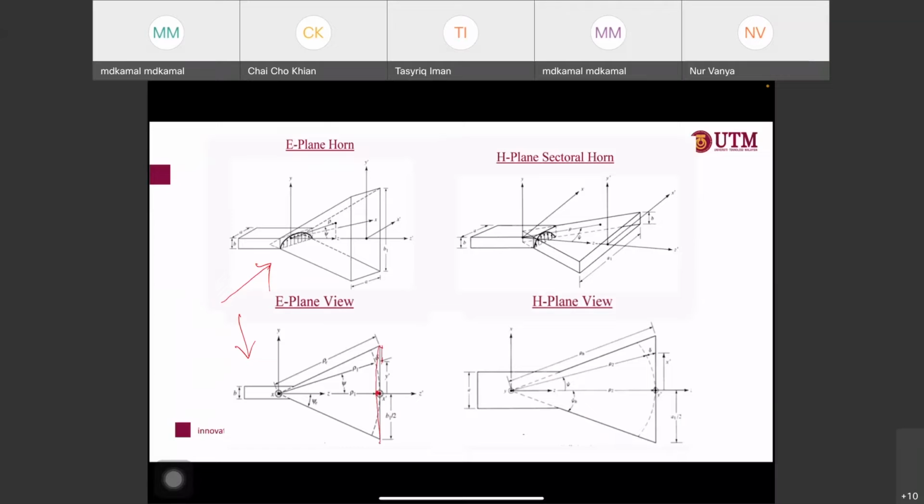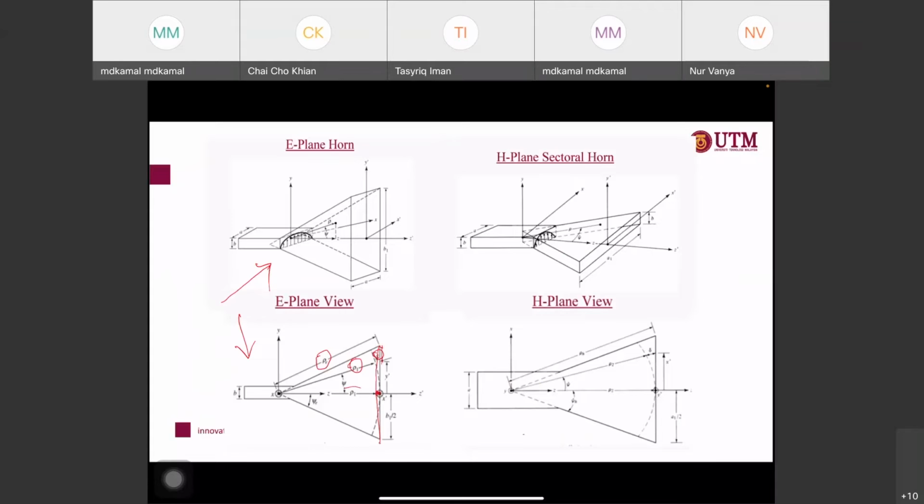We define this one as rho E, rho 1, okay, and with the angle, so we can see rho 1 here and P1 here. So there will be slightly rho 1 plus the delta here.